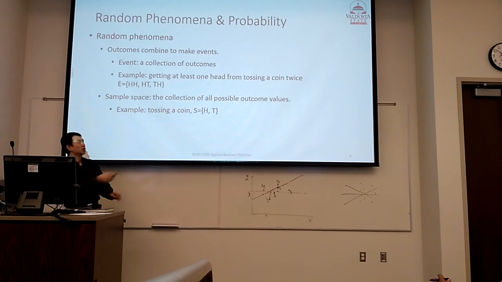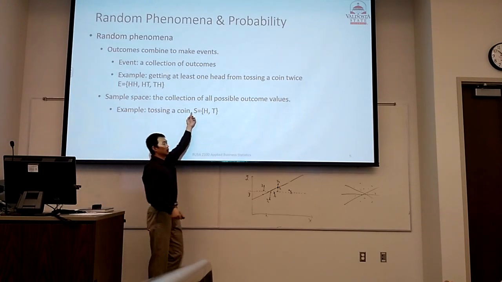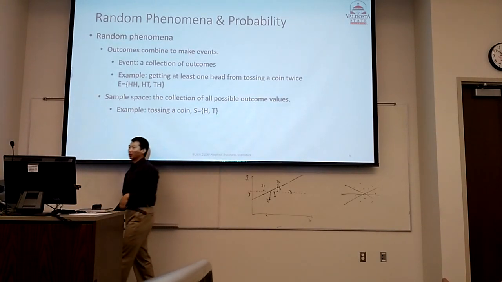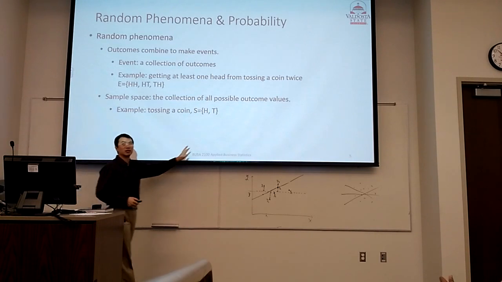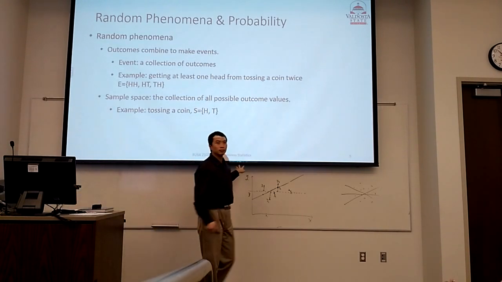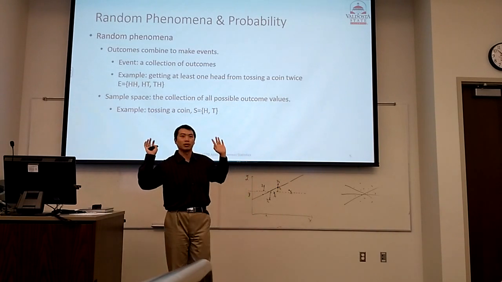And if you define an event, it's denoted as E. Okay? E and F. So that's the symbol we use for the sample space and event. Any questions so far? Okay. So we have to be clear about those concepts.